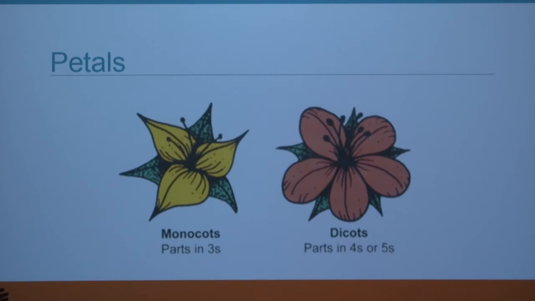Monocots can be divided by 3, and dicots can be divided by either 4 or 5. So if you like to play a nice game of love me, love me not, if you can pick all the petals off it and divide it by 3, you've got yourself a monocot. If you can pick off all the petals and divide it by 4 or 5, you have got a dicot.